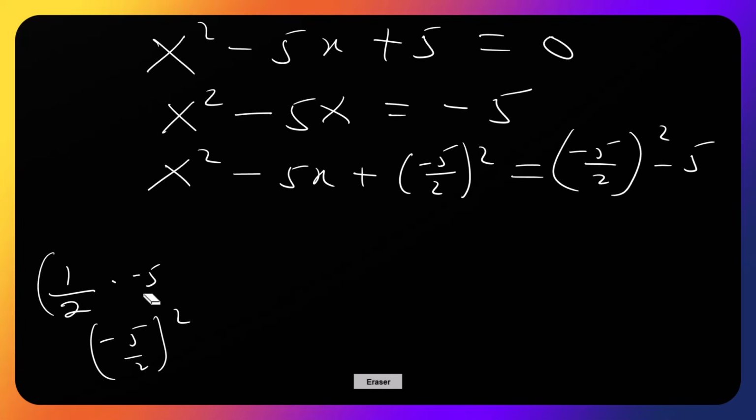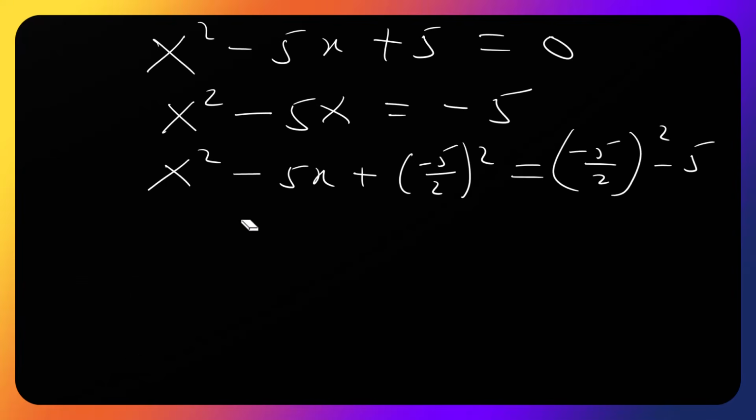So from here, x minus 5 on 2, all squared. When I expand this, I'll get this.